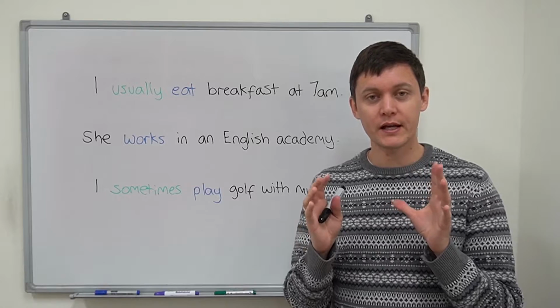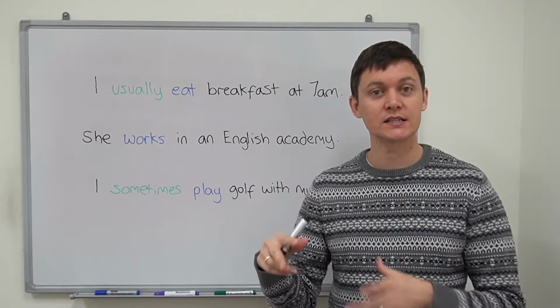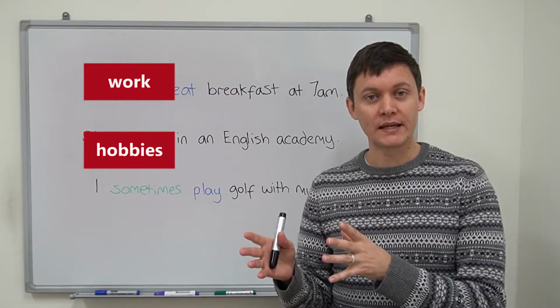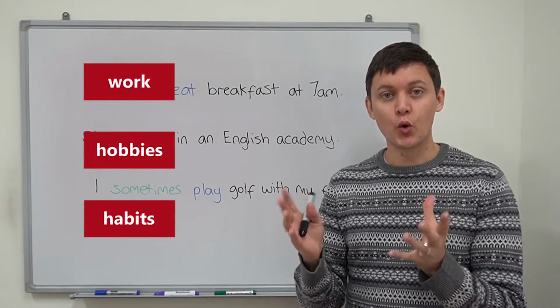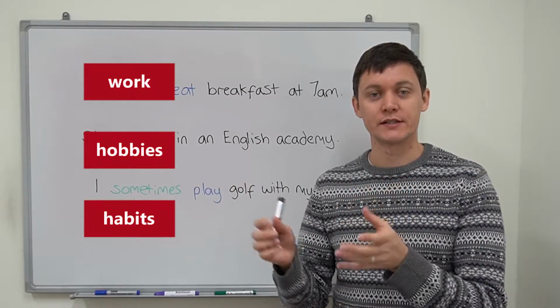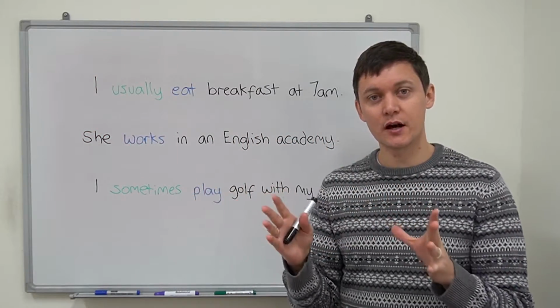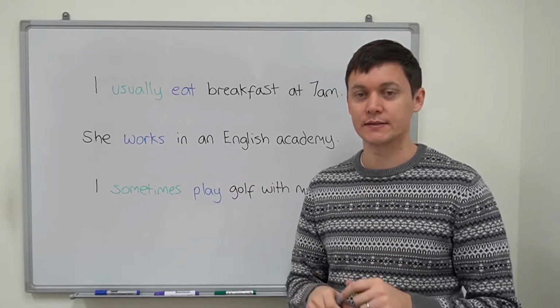Now, when you think about repeated actions, I want you to think about 3 particular types: job or work, hobbies, and habits. Repeated actions always come into those categories of work, hobbies, and habits. So let's start by looking at some examples and see how they fit in those categories.